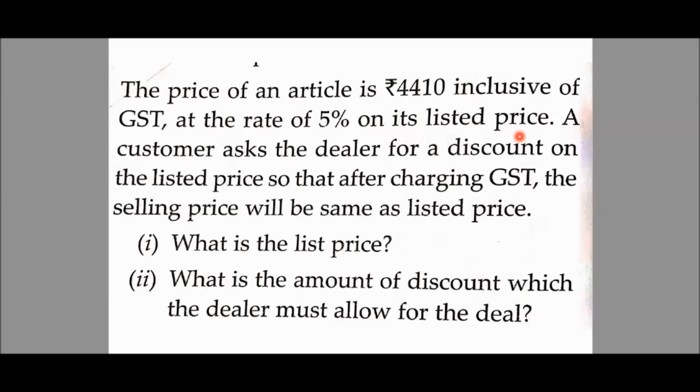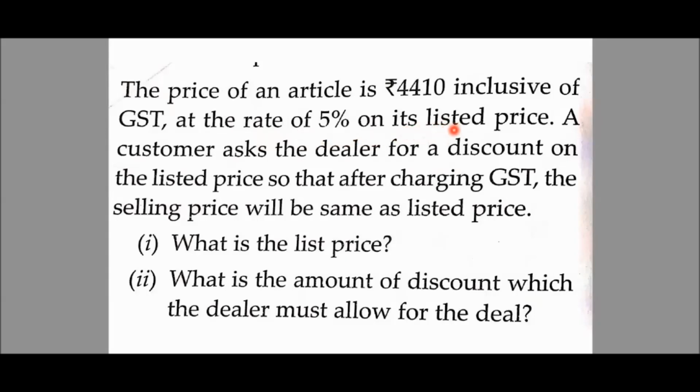Once again, students, if I go to a shop, the total money which I need to pay from my pocket, which includes the basic cost price and the tax, is nothing but rupees 4,410. And how much is the rate of tax here? It is 5%.